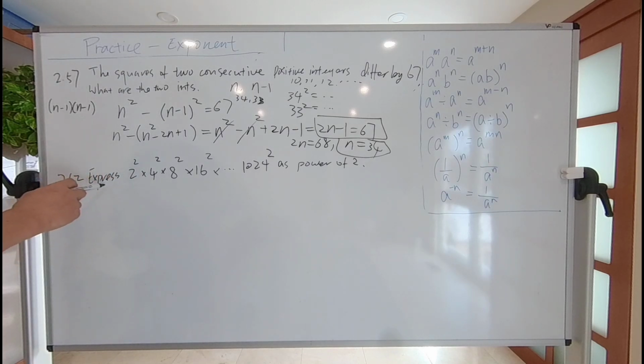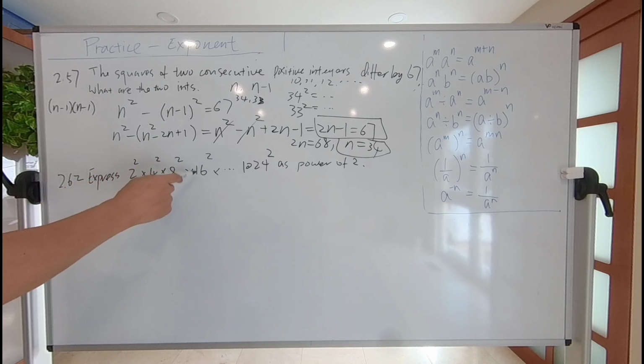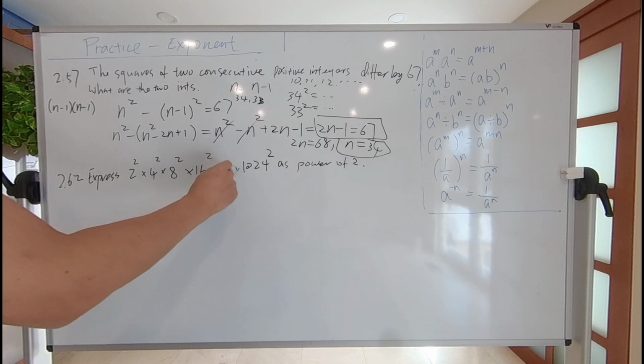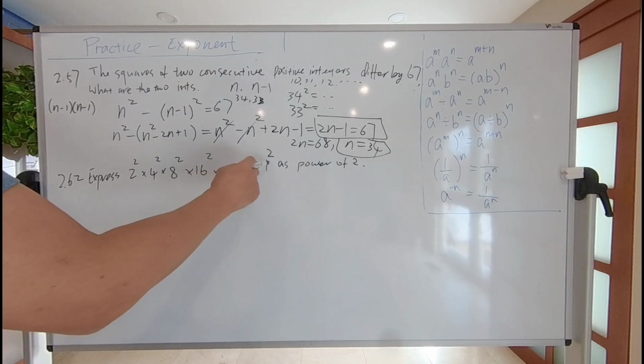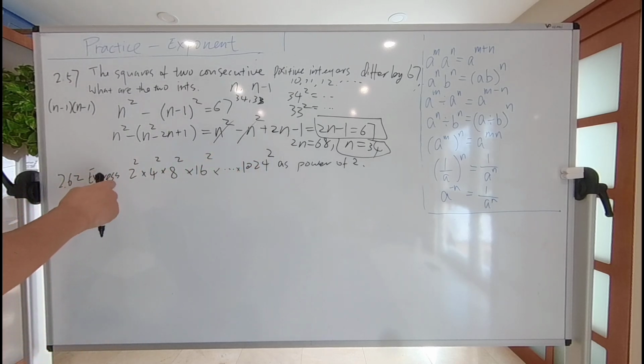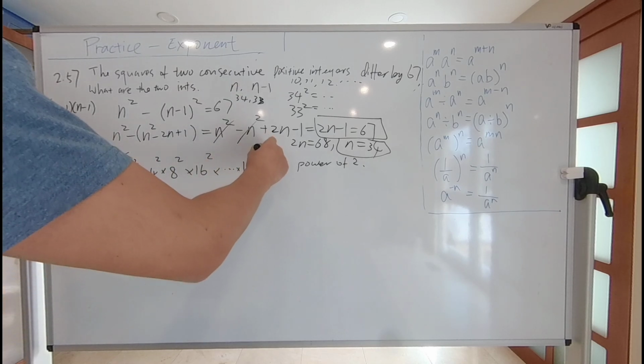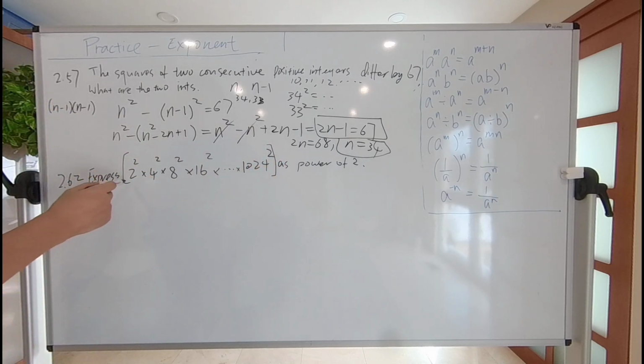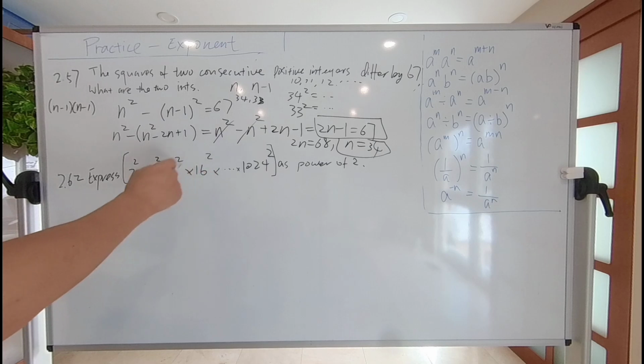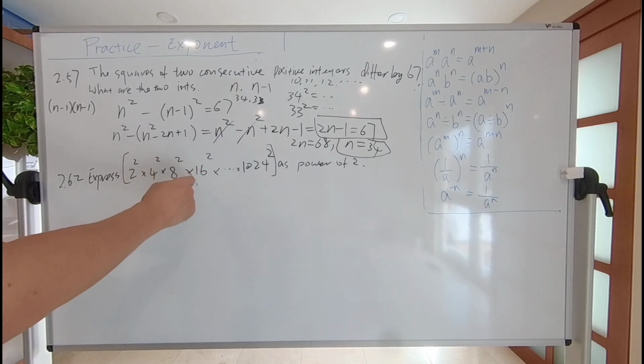Next one, I have an expression which is 2 squared times 4 squared times 8 squared times 16 squared until times 1024 squared, and then how to express this, how to simplify this expression as a power of 2? Because here only the first term is a power of 2, but all other terms are powers of multiples of 2.